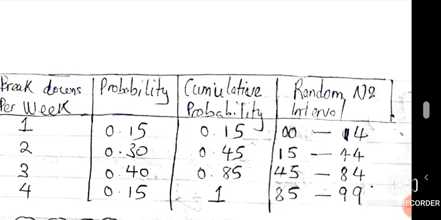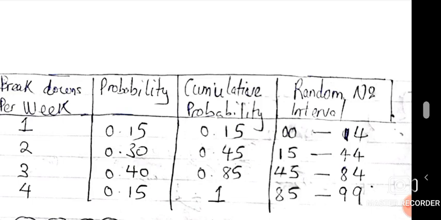What next? You need the column for the random number interval. This interval is very key, and you'll see why very soon. When you're making this interval, our focus is on the cumulative probability. You start with the first cumulative probability, 0.15. Random numbers are not in decimals; as you saw in the table, they're whole numbers.